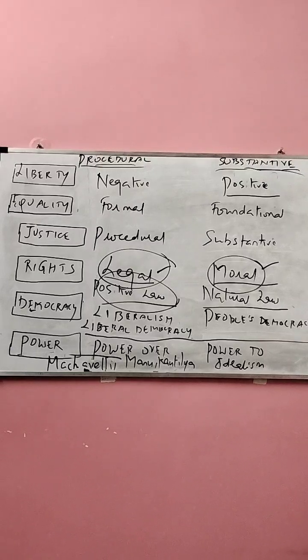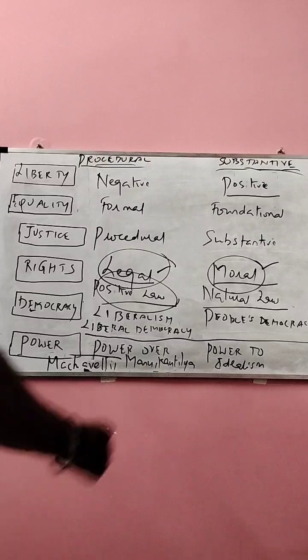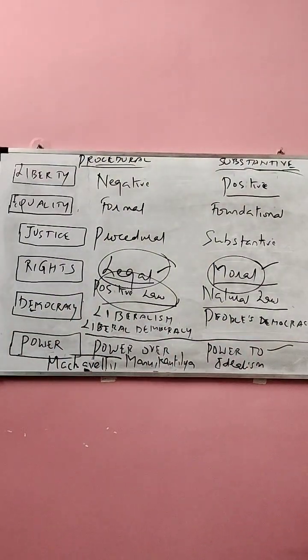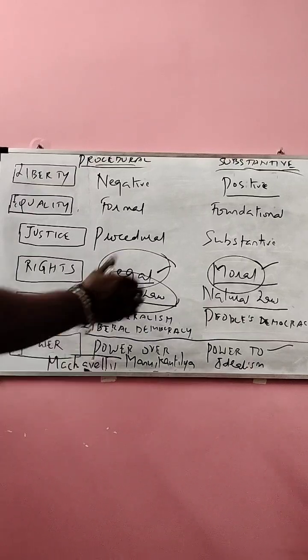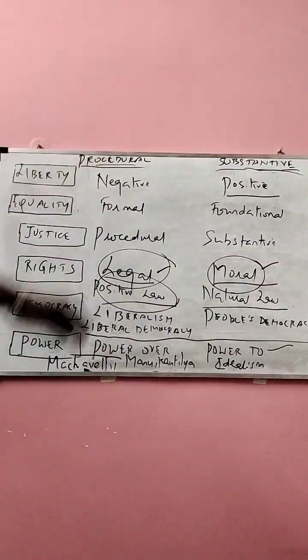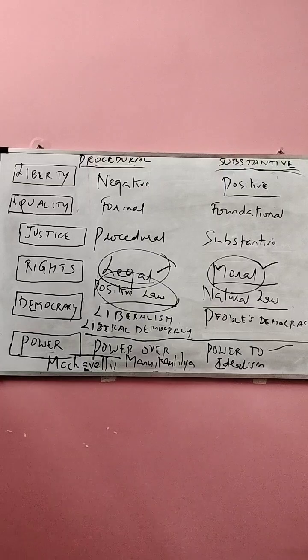Coming to power to, it is in the positive sense. It is related to idealism. Idealism in international relations talks about cooperation between countries. Realism talks about power. It talks about maximization of self-interest through power. Idealism is optimistic that the countries of the world can work with each other.